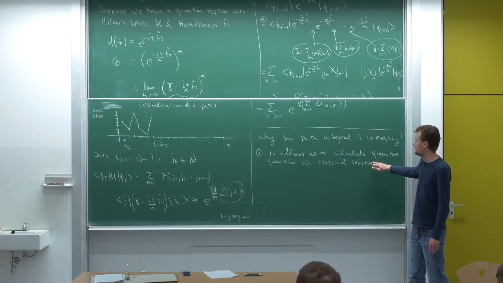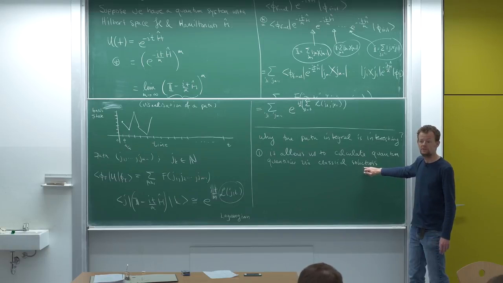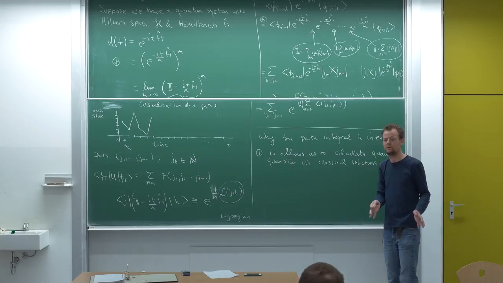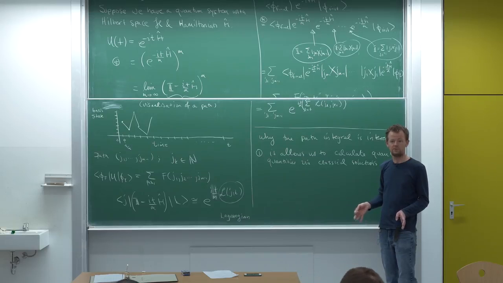But it allows us to take all of our expertise in solving classical systems and use it as a calculational tool to approximate some quantum transition amplitude. So that's a very useful thing, right? If you know how to solve one thing, then you may as well try and use it to solve another.